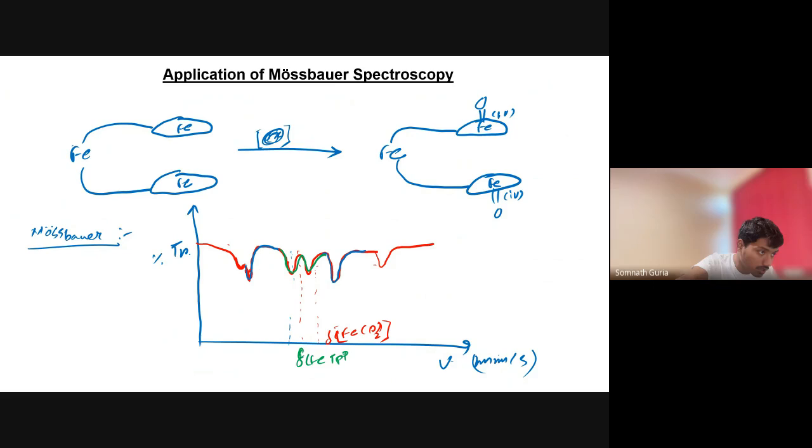This is the delta value. This delta value is for the Fe oxo species.